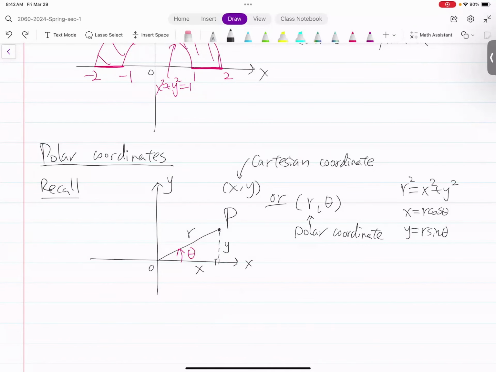But here we'd like to quickly mention, and this is something you have seen from Calc II, I believe, that the choice of r and theta may not be unique.